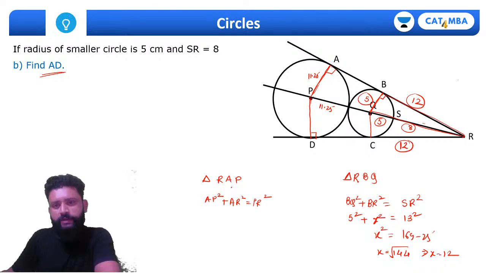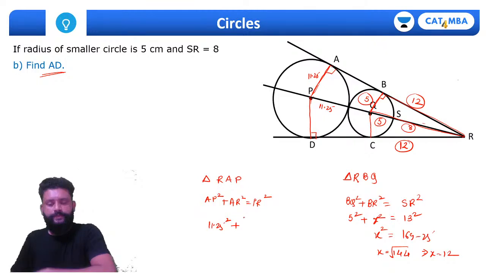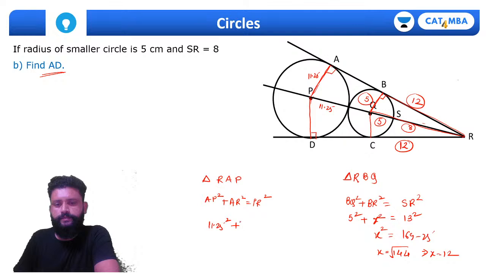So AP we know is 11.25 square, plus AR square has to be equal to 5 plus 8, which is 13, plus we have to do this calculation.